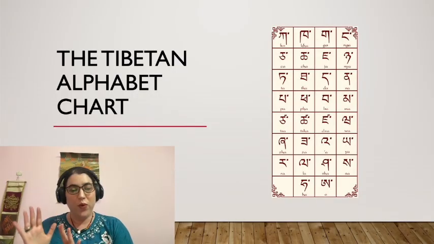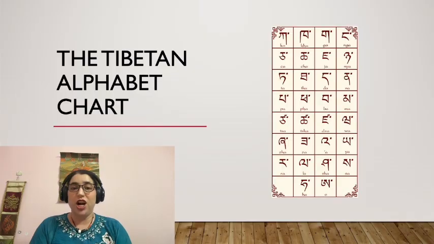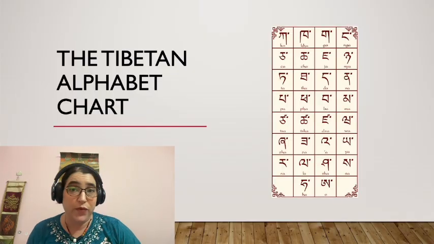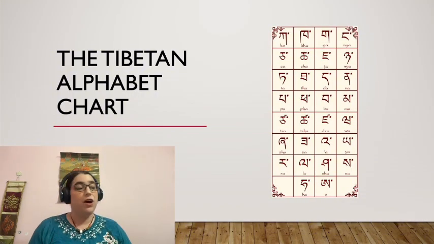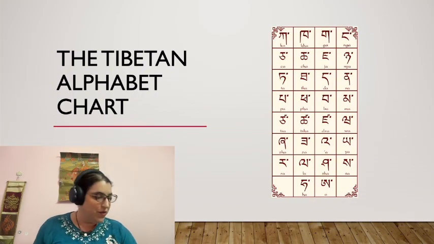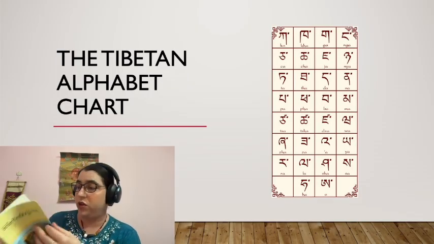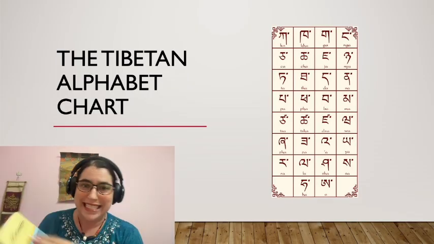What we have here is a chart of the Tibetan alphabet because the way the Tibetan alphabet is traditionally written is in a series of 4 columns. And this is not unique to this chart. If we look in this book, which is a first year reader, goes all the way from alphabet through essays.